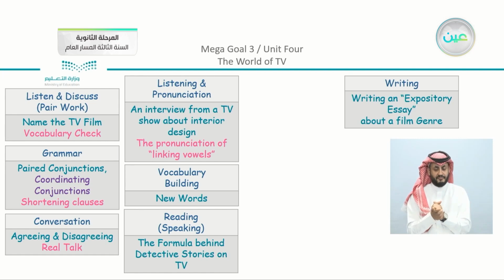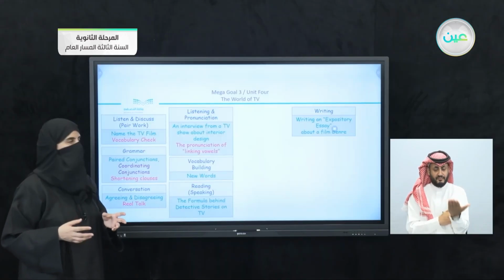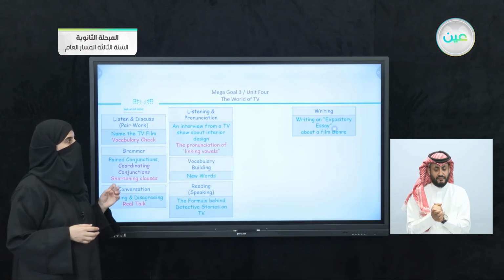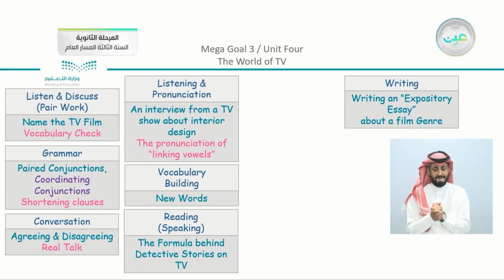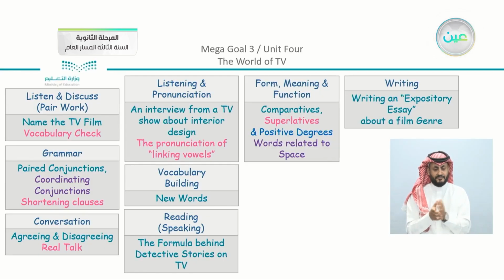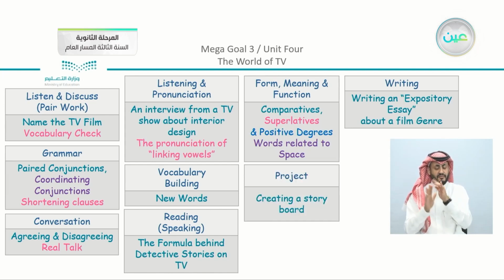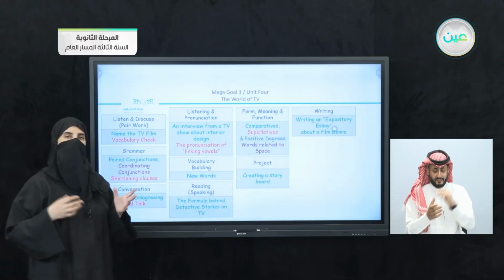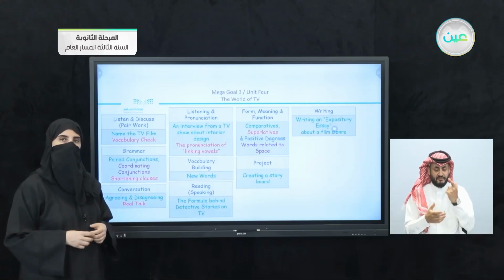We had the last lesson, the writing lesson, which was about writing an expository essay about a film genre. And we had our form, meaning, and function about comparatives, superlatives, positive degrees, and words related to space. And today's lesson, which was the project, we have here creating a storyboard that I am sure that they will be creative and amazing.